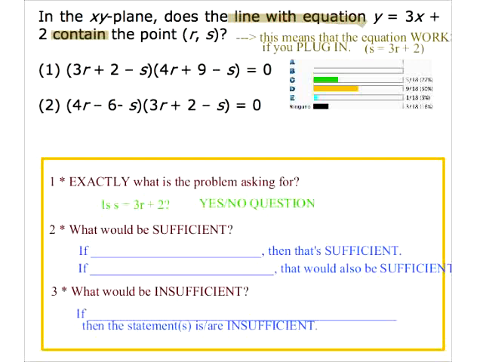Okay, if S must be 3R plus 2, then that's sufficient.